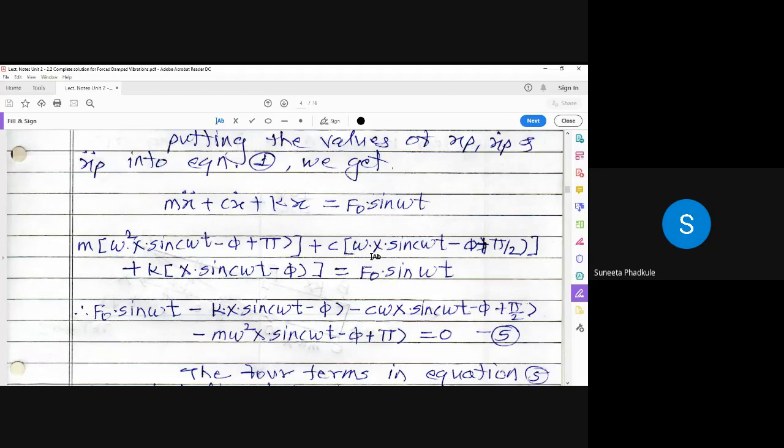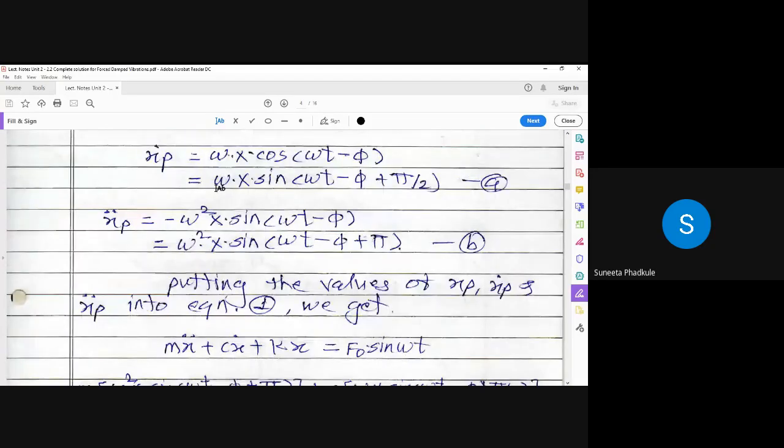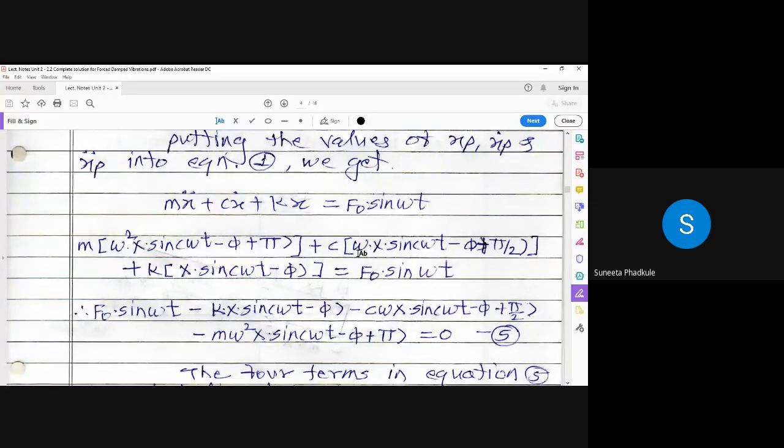What is xp dot? It is omega x sine omega t minus phi plus pi by 2. Plus the third term is k into xp. What is xp? X into sine omega t minus phi, equal to the right hand side as it is.